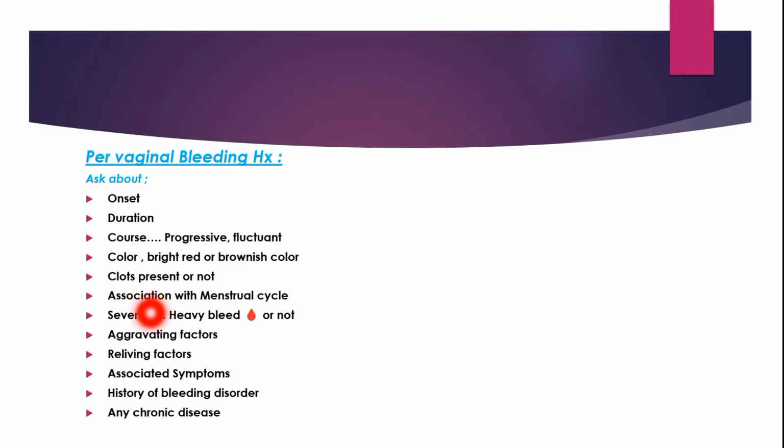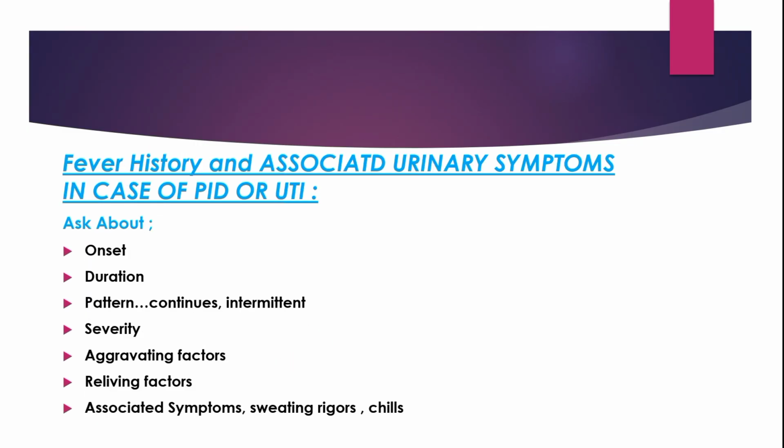Also ask about any association of the PV bleed with the menstrual cycle, and the severity, whether the bleed is heavy or not, and any aggravating or relieving factors. Also ask about associated symptoms with the PV bleed, like any history of pain or fever. Also ask about any history of bleeding disorder, and similarly any chronic disease.